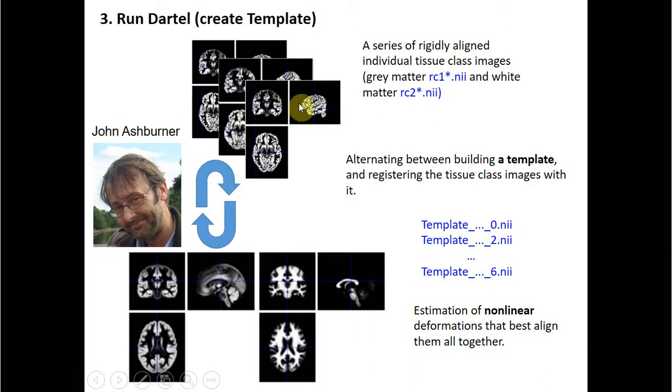Those are individual, aligned, but still not normalized. And what it is going to generate is the template. Template for gray matter, template for white matter. But those are local templates.